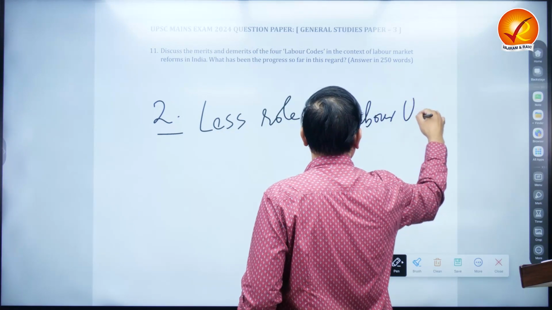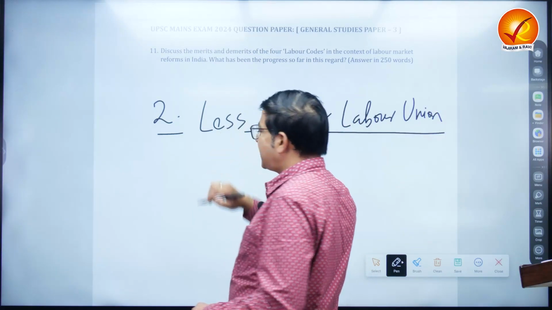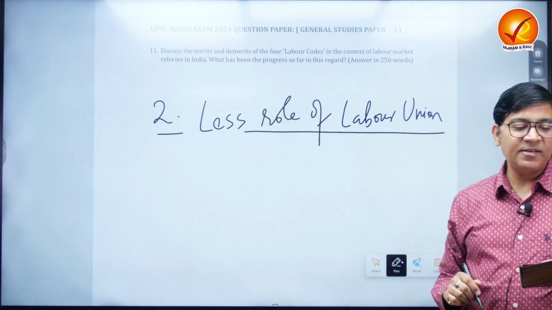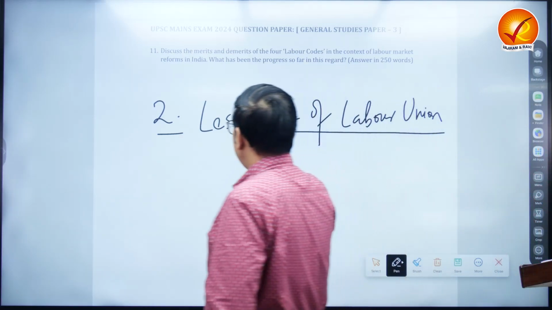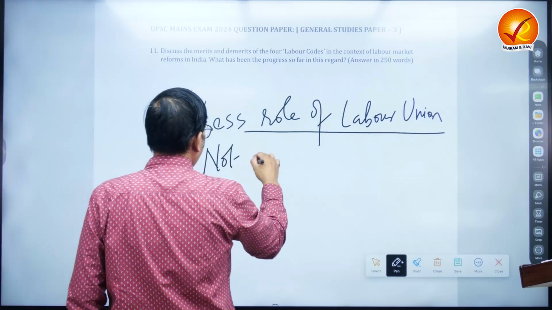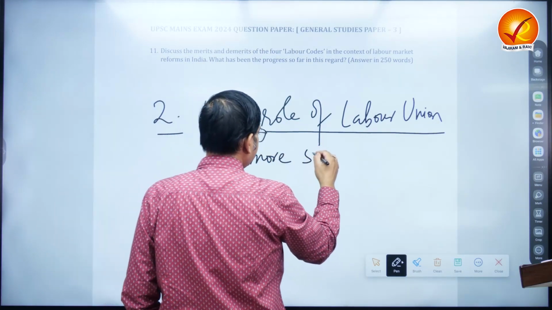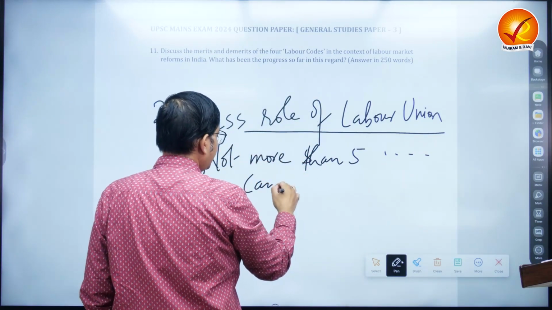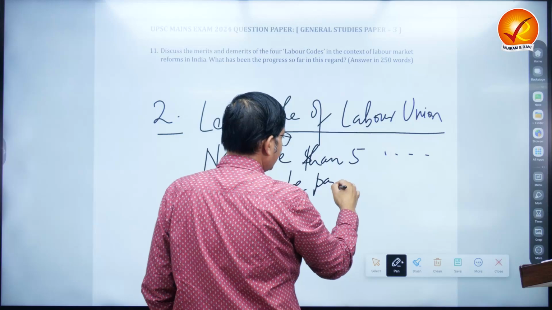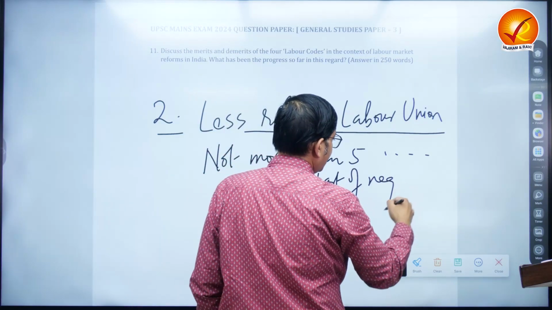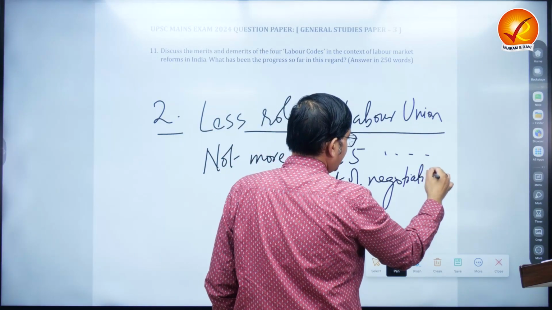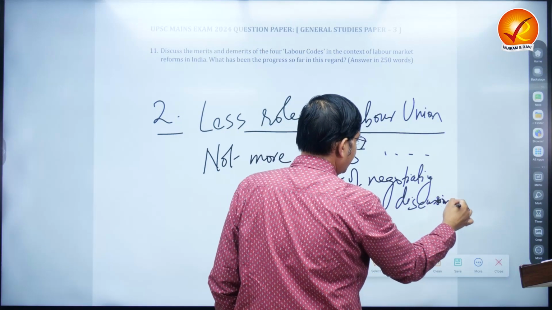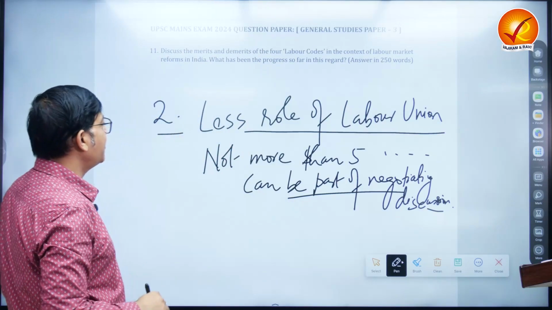For example, the codes talk about the negotiating parties whenever some policy is to be decided. That is where it is said that not more than 5 labor unions can be part of negotiating discussion, meaning thereby the role of labor unions is clearly decreasing in the context of the new labor codes.